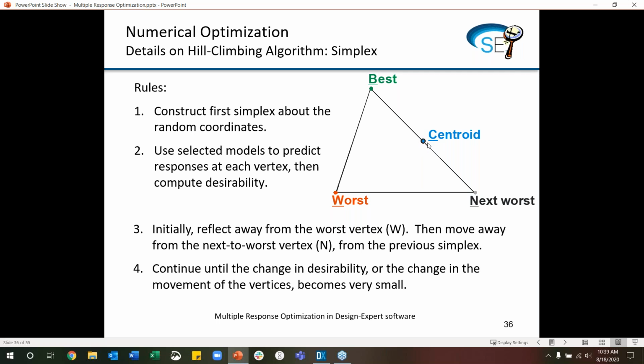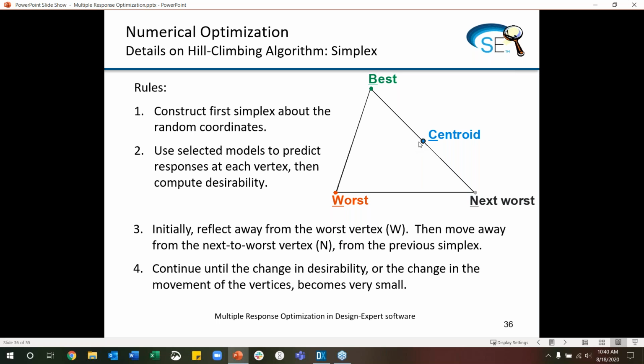that red X started. That's the centroid. And then, as I said, it takes a little test and forms a simplex around that space and checks desirability. So we're just going to say that this location was the best desirability we found. This is the worst desirability we found, and this was the next to worst desirability that we found.